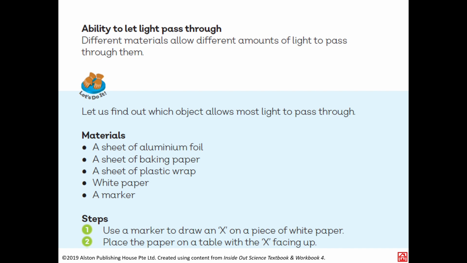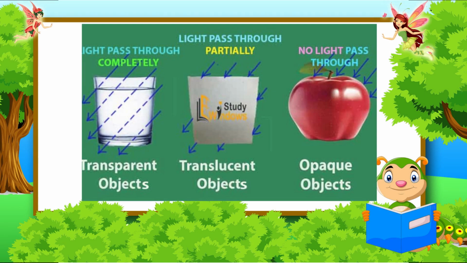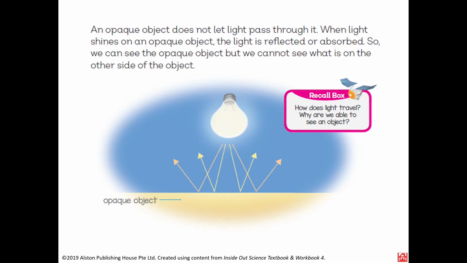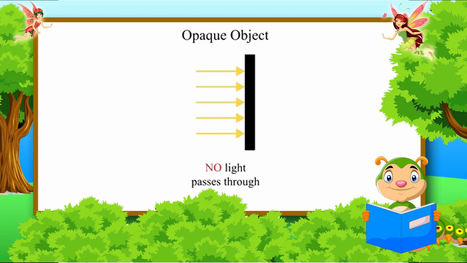There are different materials that allow different amounts of light to pass through them. An opaque object does not let light pass through it. When light shines on an opaque object, the light is reflected or absorbed.